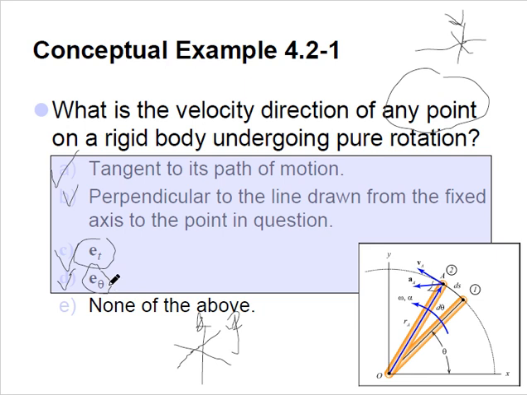This one is going to go toward the center of the rotation, and that one is going along the direction of the motion, which is tangent. So A and E are pretty much the same meaning, and B and D are pretty much the same meaning. But of course, the way they wrote it, even I got confused. So the answer is all of them. You would definitely choose A and B, but then you have no idea because of the way the author used the symbols. I would say not very good.